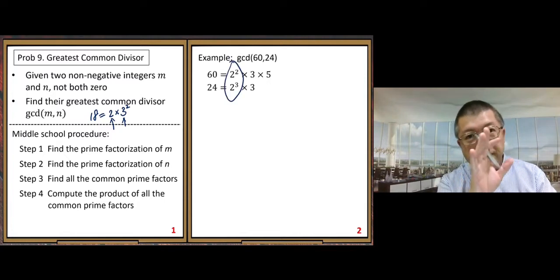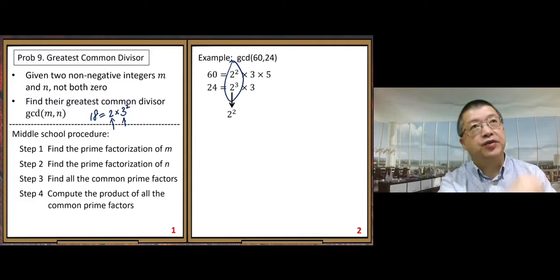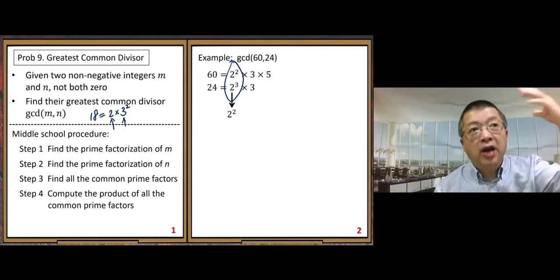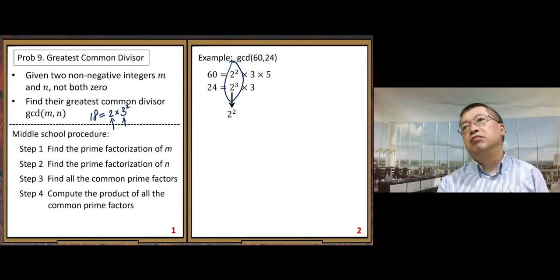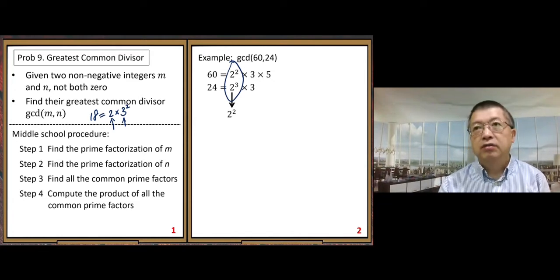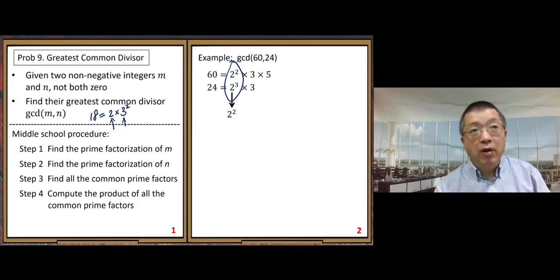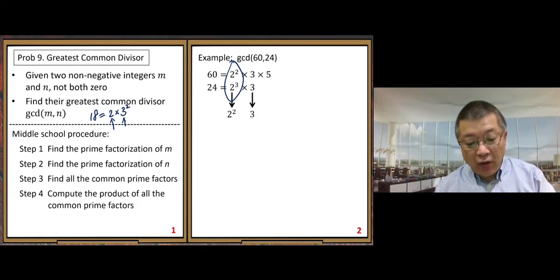Among these two, the greatest common prime factor is 2 squared, since each number contains this factor in that power of prime form. Second one, 3.